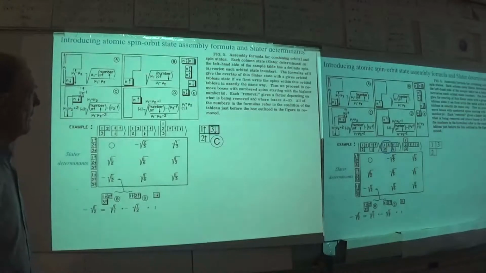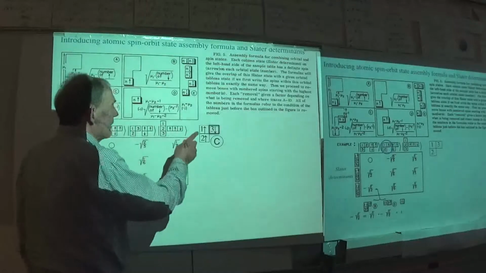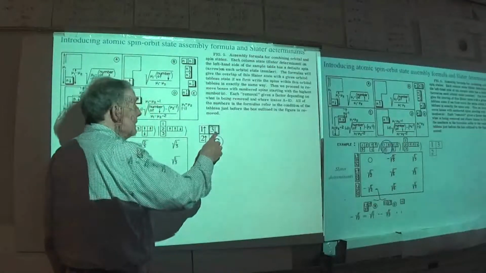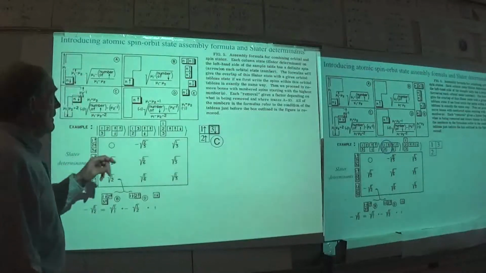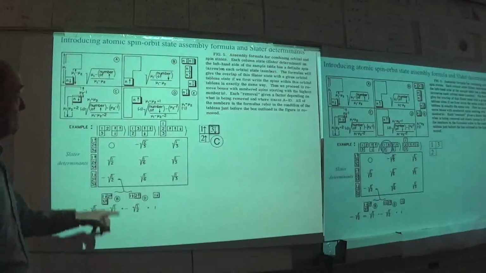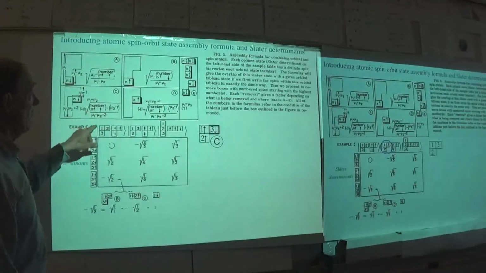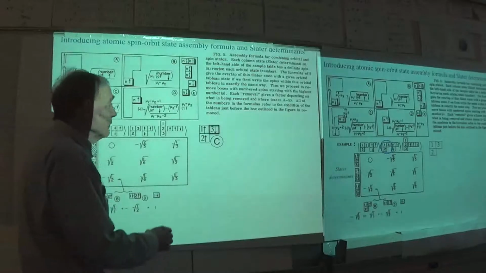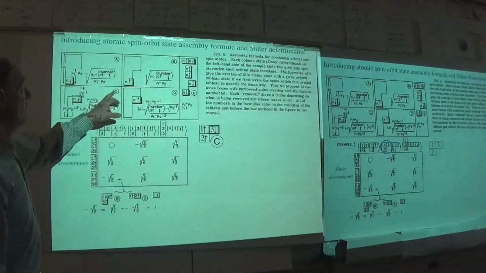So what I'm going to do here is I'm going to be ripping off a box that has a downspin in the second column. That's formula C. So formula C is going to give me a coefficient, just a factor. You still have one more step to go to get the other factor, but C is the deal.